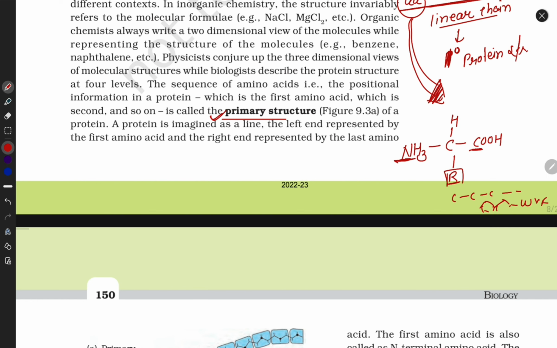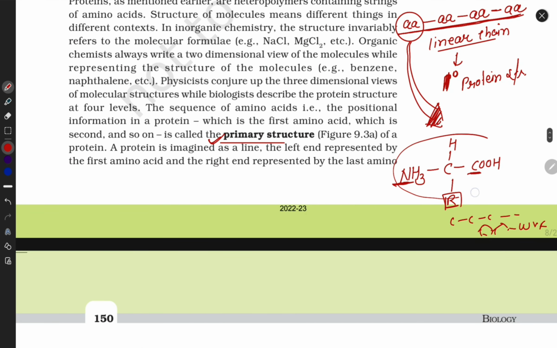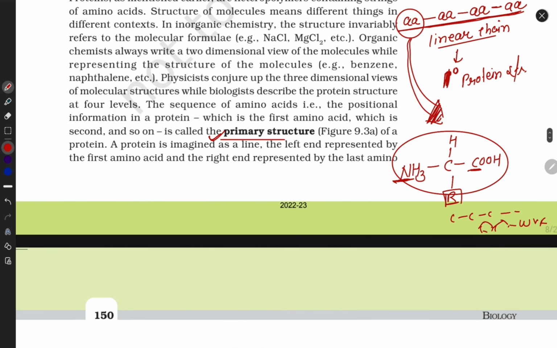Now how is pairing going to occur? This is one amino acid and another amino acid. How can they pair? I'm writing here NCC, again they pair NCC, again NCC, again NCC. Those students who already watched my NCC rule can easily understand that this is one amino acid, this is the other, third amino acid, fourth amino acid.